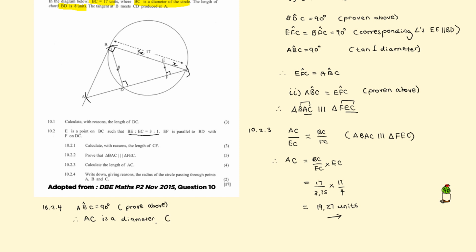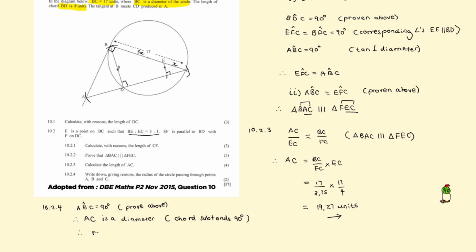And the reason for this is the inverse of the angle in the semicircle theorem. So you say that this chord subtends a 90-degree angle, right? So because it subtends a 90-degree angle, it becomes a diameter.